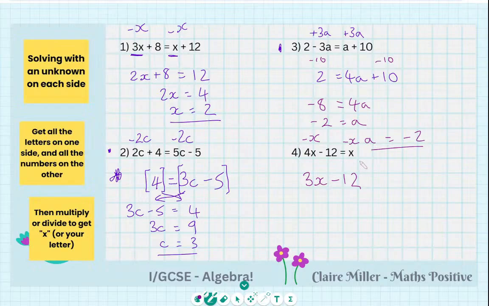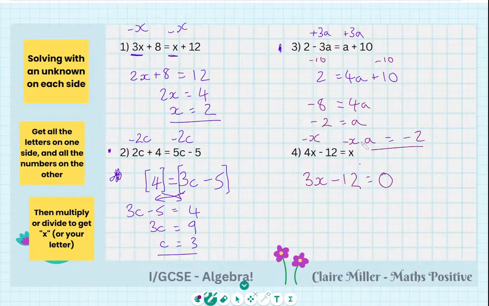Don't let this confuse you, because x take away x is 0, and we must write that in. Otherwise, we've not got an equation anymore. So sometimes people get to this point, 3x minus 12, and then get a bit confused because they're not sure where the equation's gone.